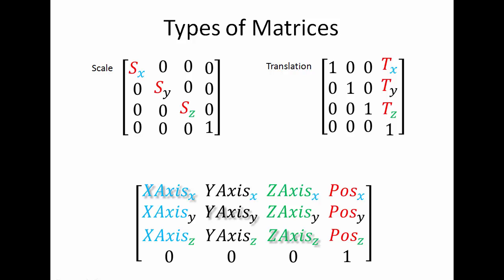And you can scale differently on the x-axis than you scale on the y-axis, than you scale on the z-axis. If you use scale, you should almost always scale uniformly, so that your scale is scaled by the same amount on all three axes. Really, I would advise not using scale at all.